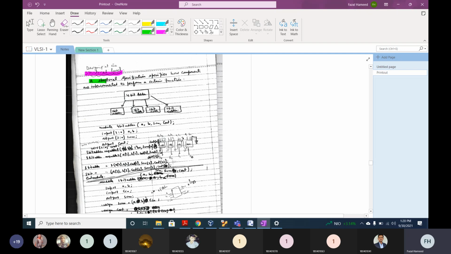First, we need to define a structure specification. A structure specification indicates how different components of a system are interconnected to perform a certain task.